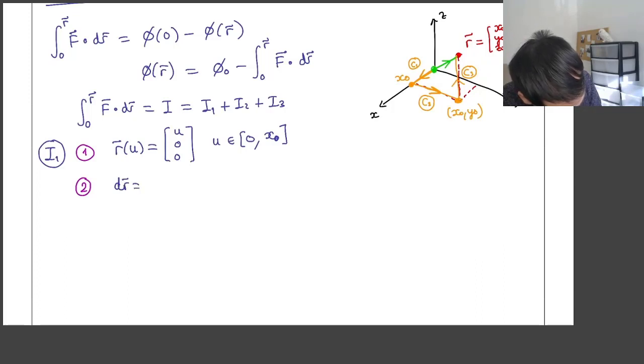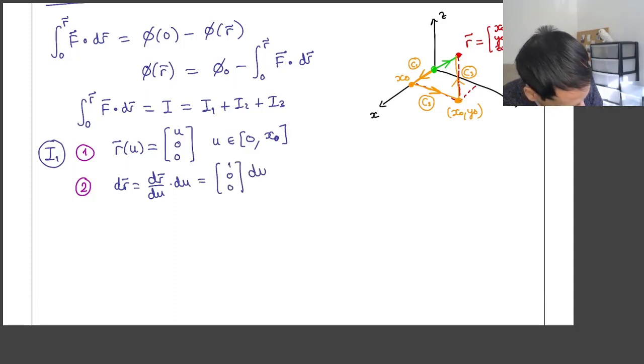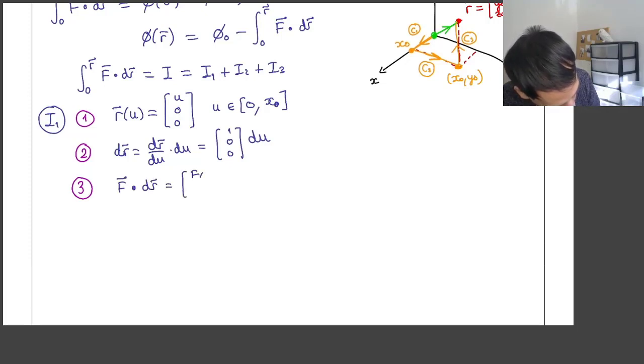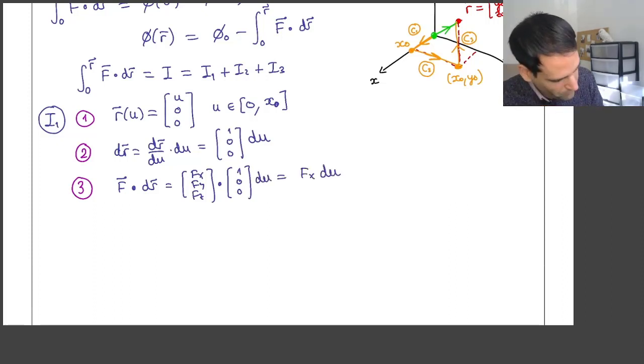And dr is simply dr with respect to u times du, which is equal to 1, 0, 0 du. Step 3 is to evaluate the integrand. So we have to do f dot dr, our vector field dot dr. And you can see that this will result in fx times du.